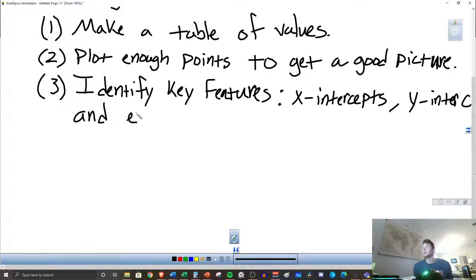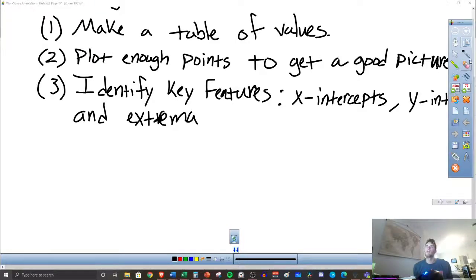Again, this is something that needs to be defined in your definitions.